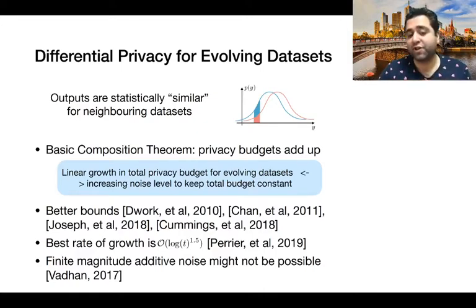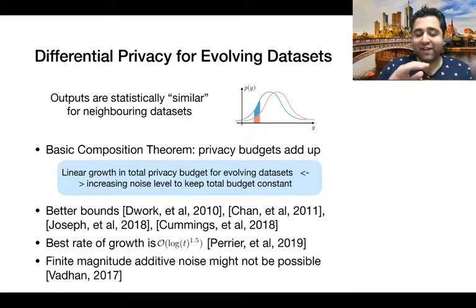So as time goes on, the overall privacy budget will scale linearly with the number of reports that you have done. Now, better bounds have been presented for other notions of differential privacy, such as epsilon-delta differential privacy.